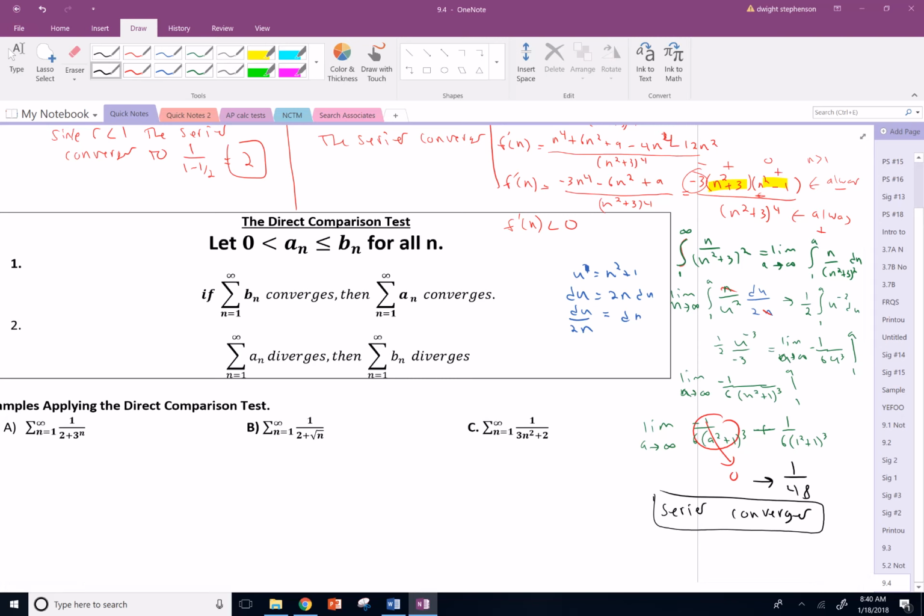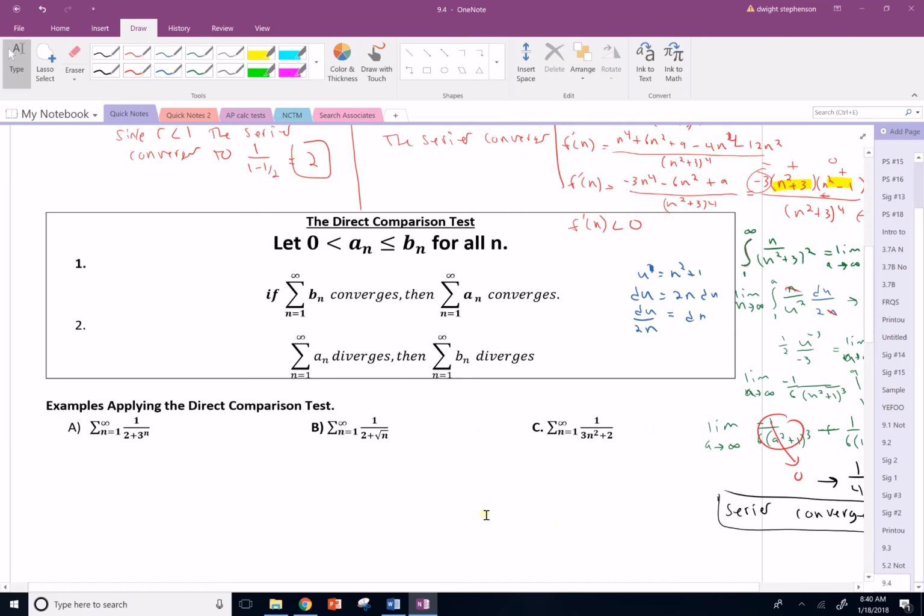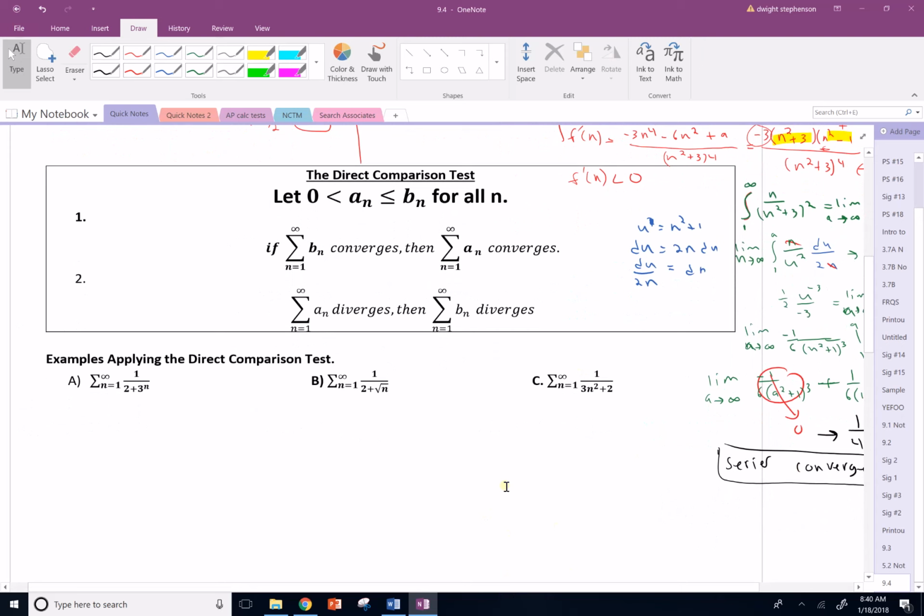Okay, so let's go on to the new stuff that we're trying to learn, which is the direct comparison test. What this is doing is we're going to compare a more complicated series to something that's a little simpler. First of all, notice that everything's greater than 0 here.